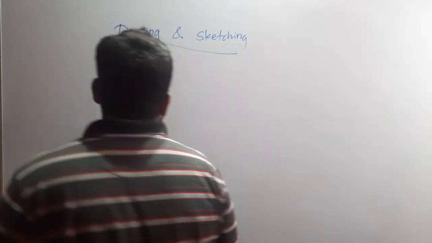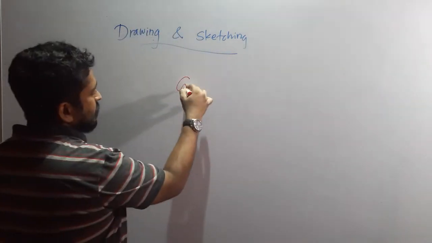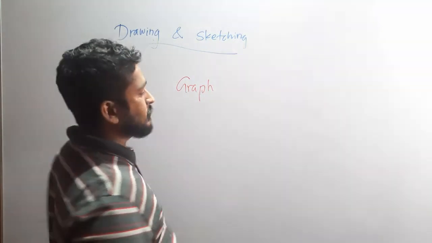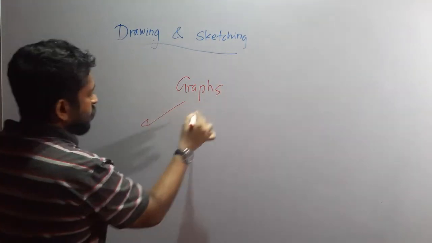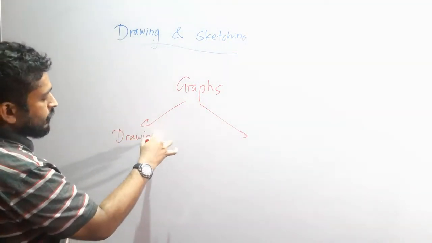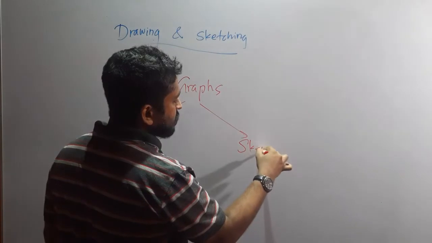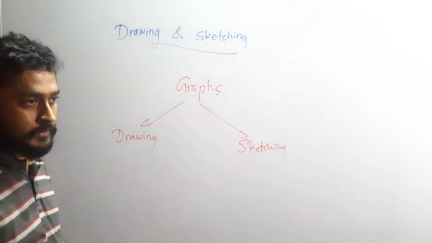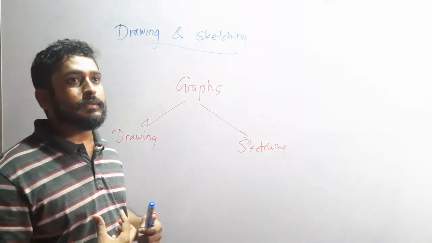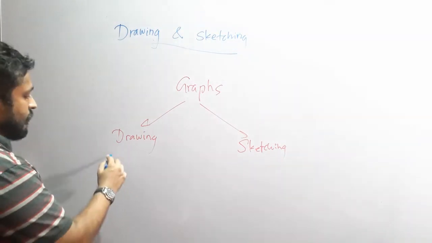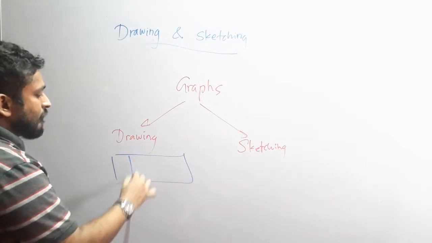Yes, good. So the way we can represent a graph is in two ways. One is drawing, the other one is sketching. In drawing, we need to have our own scale accordingly, and we are giving our x values to have the y values.